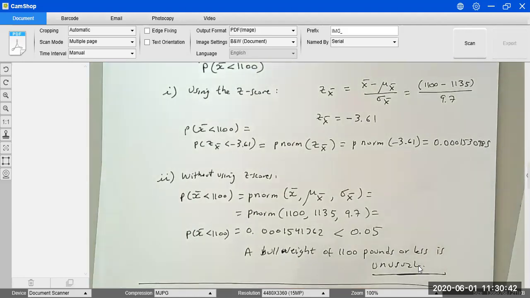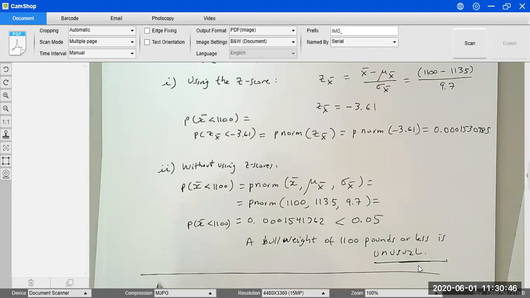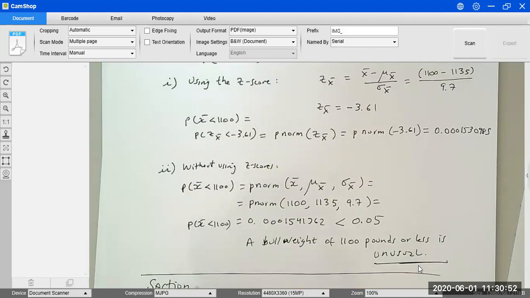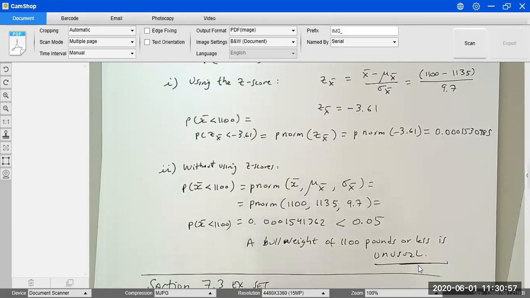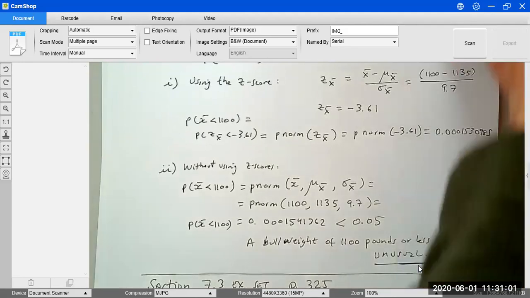So now you're going to have your first round of exercises for the assignment corresponding to this lecture, the class work. They are going to be from section 7.3, exercise set, on page 325.